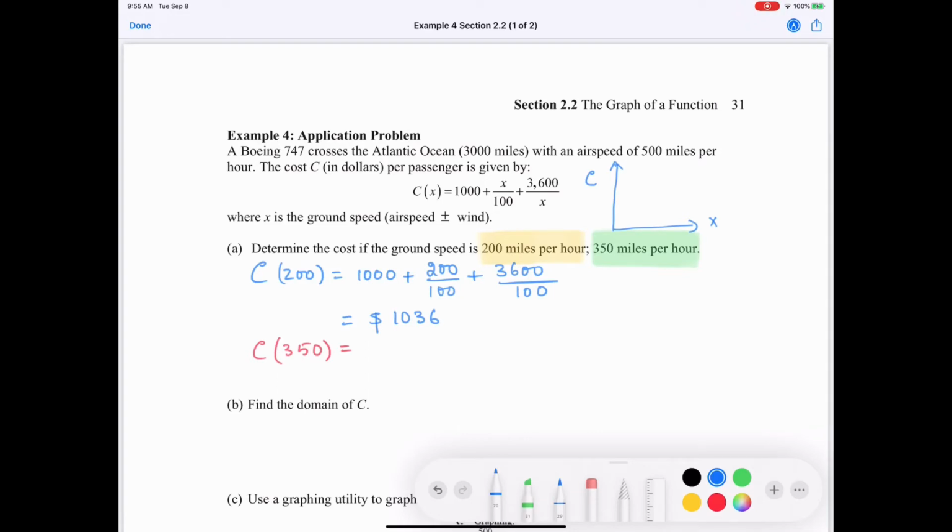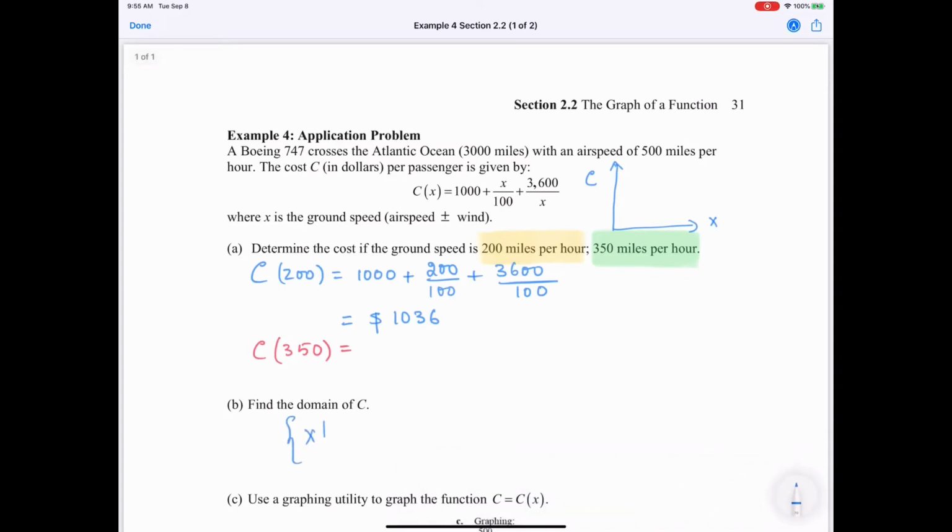I cannot have a negative cost, right? So in that case, x is greater than 0, or in other words, it's going to be from 0 comma infinity. This is an interval notation. And this is a set builder notation.